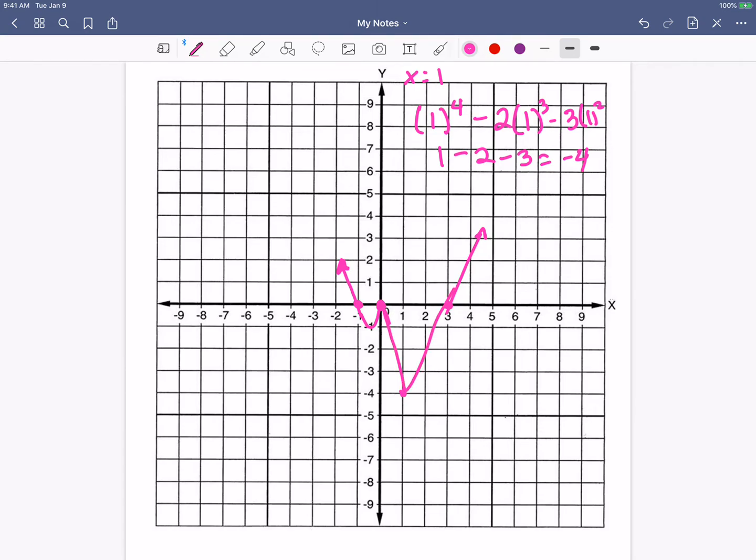You don't have to. You're showing, look, this is kind of what the graph is going to look like based on this information. If you're looking for a more accurate graph, I would definitely recommend filling out points between. You only have half a point between negative 1 and 0, meaning you would want to do 1/2, but that seems a little bit difficult because you are going to have to deal with fractions and decimals, and it won't be very accurate because most of the time graphs are usually done with whole numbers.